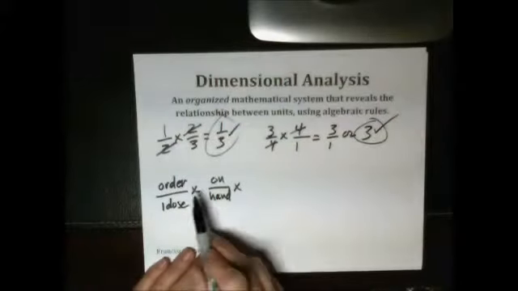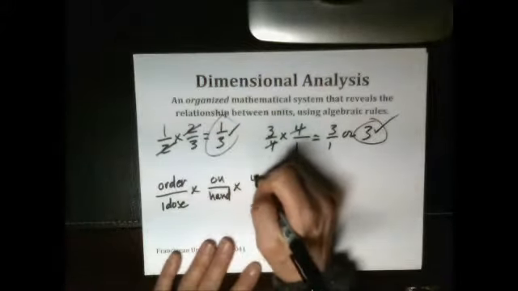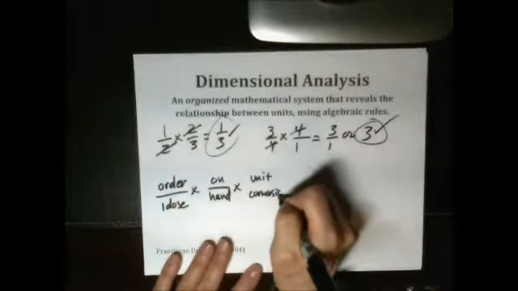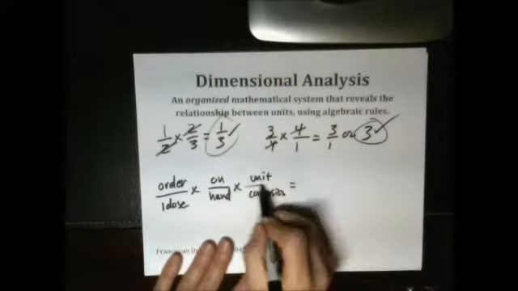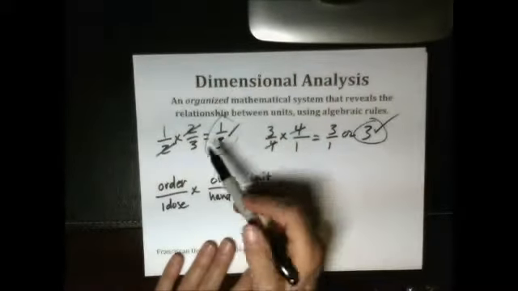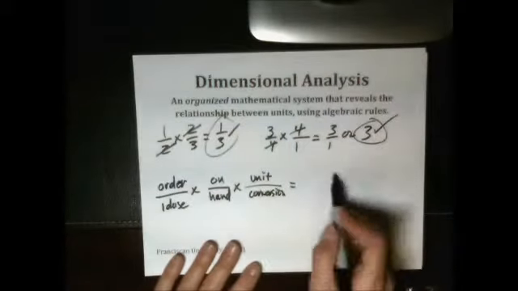And if they're not matching units, we're going to put our unit conversion factors over here. We're going to multiply across, we're going to cross out like units, and we're going to come up with an answer.